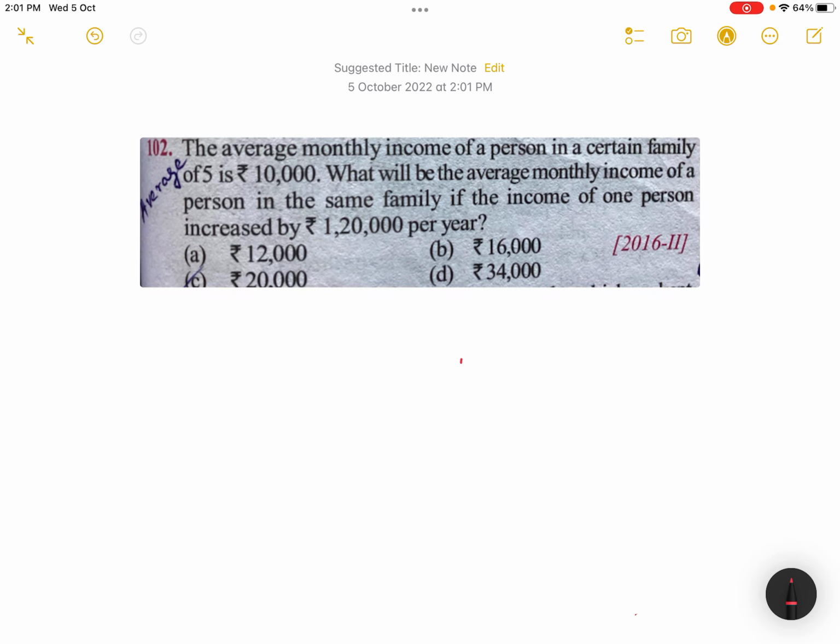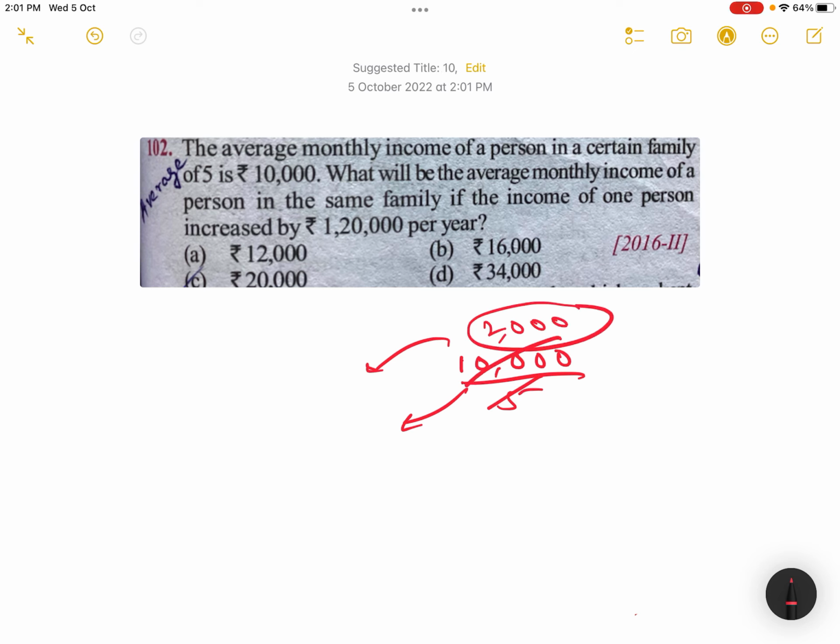But for this one I can give you a trick also. The sum of observations is increased by 10,000. This 10,000 will be distributed to all 5 family members. So 10,000 by 5 is 2,000. For each person, 2,000 has been increased.